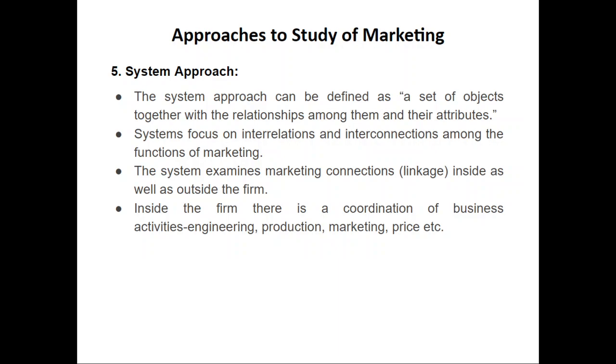Inside the firm, there is a coordination of business activities, engineering, production, marketing, price, etc., which should all go through in a flow with cooperation and coordination for the success of the business.